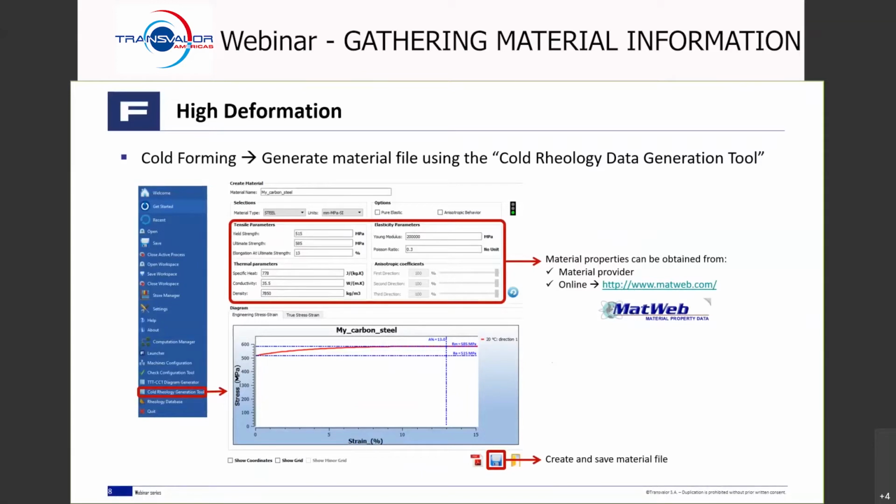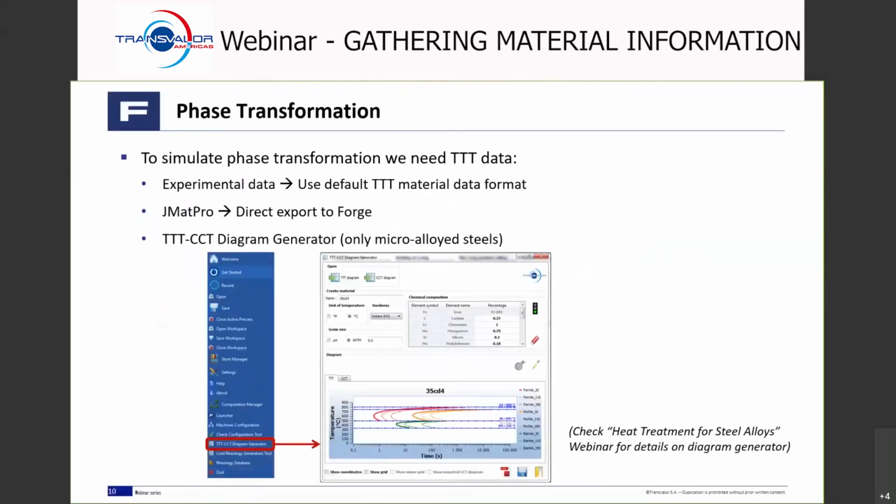Now, I'm going to show you in the Excel, we can do that with this tool that we have created. So if you need a strain rate dependence in your cold forming material, you can do it. It's not direct, but you'll be able to do it. So we'll show it next.